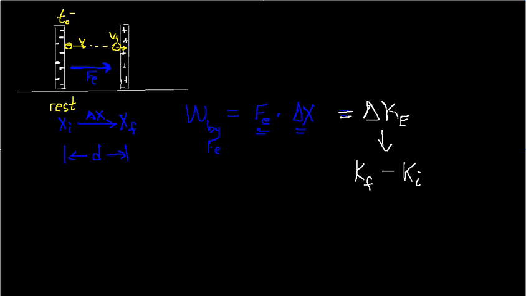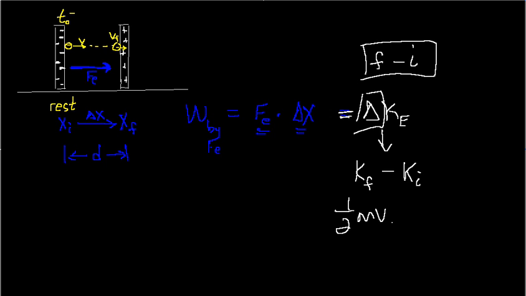By the way, anytime you see this delta symbol, it's always final minus initial. Ingrain that into your memory for life. Final minus initial equals change. So the final kinetic energy minus the initial kinetic energy: it's got some 1/2 m v final squared minus some 1/2 m v initial squared, but it was at rest when we released it, so this was 0.